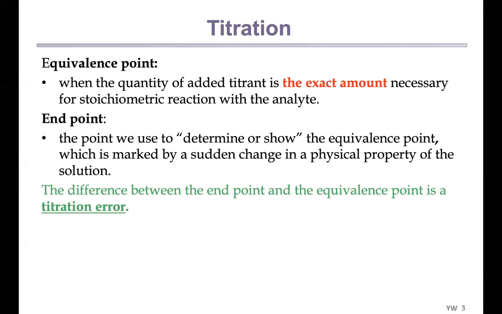Because the color is changing, so you have to decide when the color reaches the color you want. So for example, if it's from colorless to pink color, you have to decide where the color is. And when different people are looking at the color, there might be a slight difference in where the endpoint is. If we're talking about this situation, is it a systematic error or a random error?